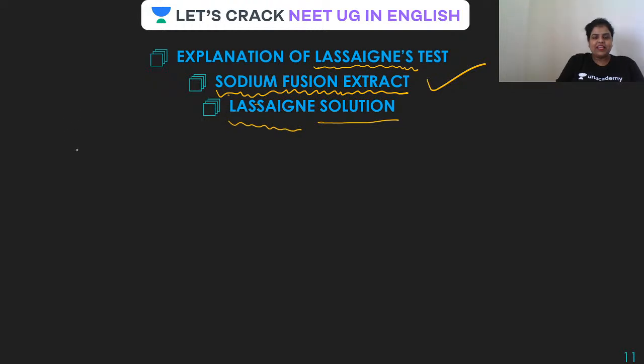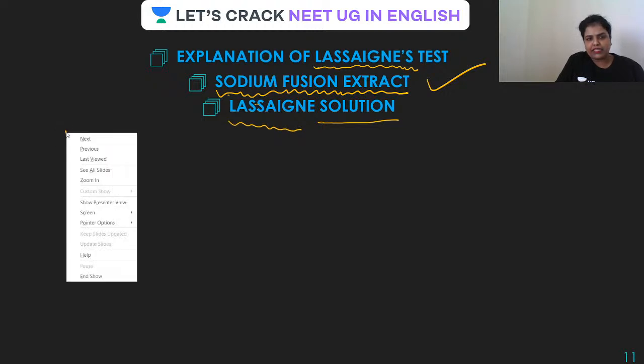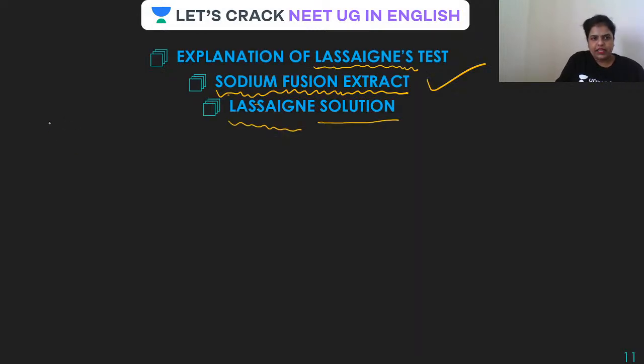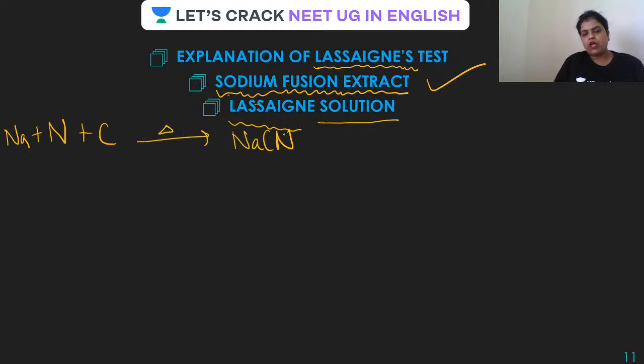Let us see what happens if the organic compound is having nitrogen. You have added sodium, guys, and since it is an organic compound, carbon must be there. So sodium, nitrogen, and carbon heated together form NaCN. We know that CN is a very strong ligand; it has a very powerful tendency to react.